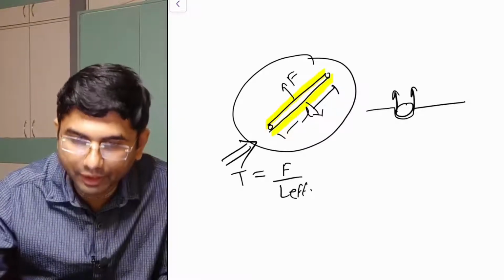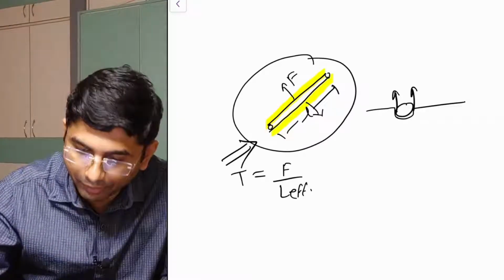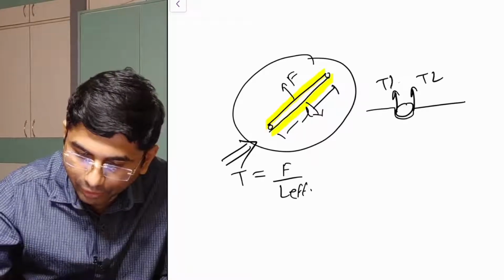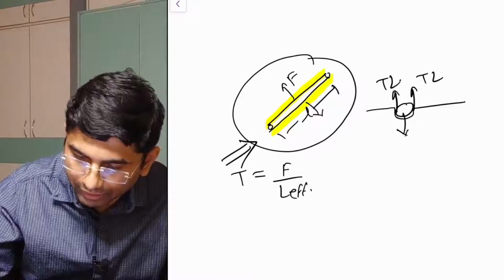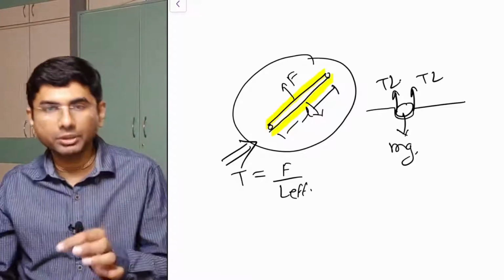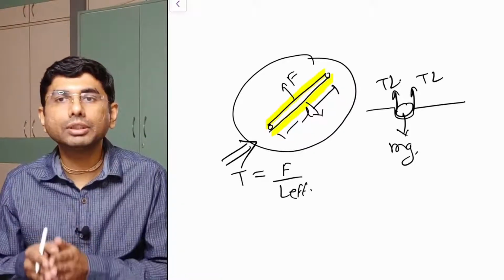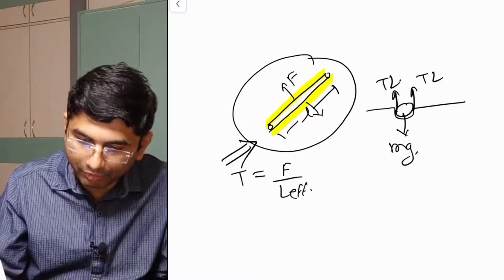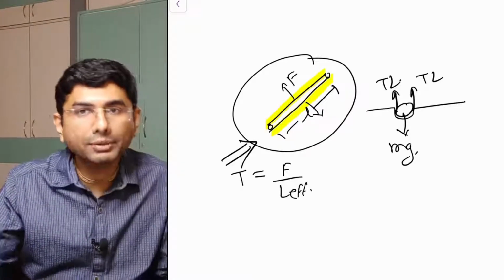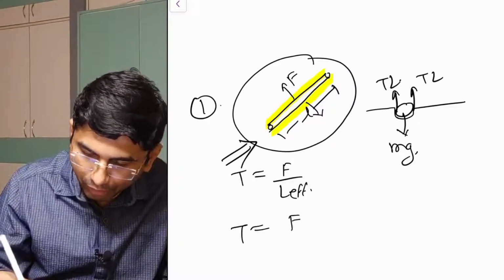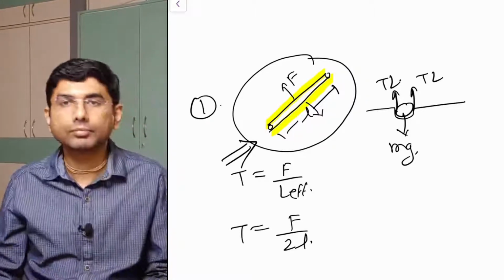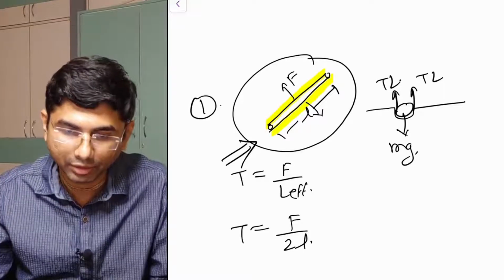I am not considering any angle here, that will be the next part. Here it is tension into length, tension into length. Like that the two forces are acting upward, and there is a force downward which is the weight mg. Now this mg is getting balanced with the upward force. So the effective length I have to consider is 2 times the length. Therefore, in this case, the tension will be F upon twice L. That's the case for this example.